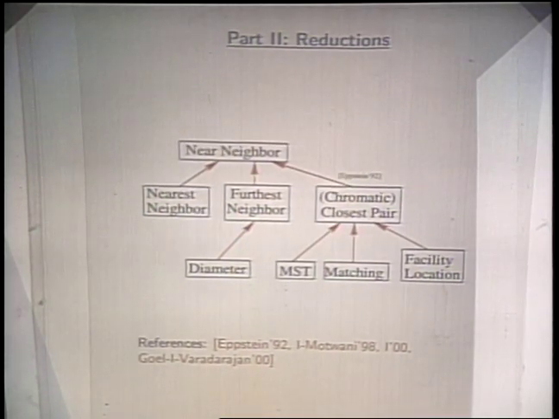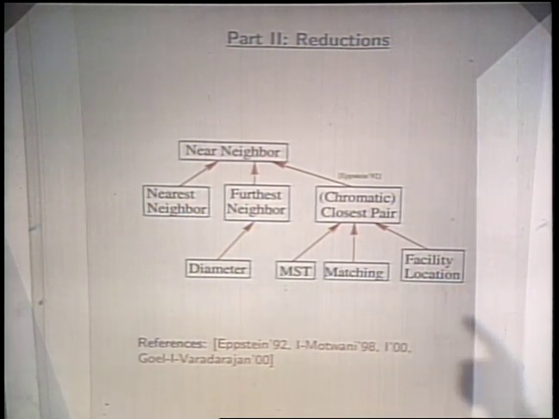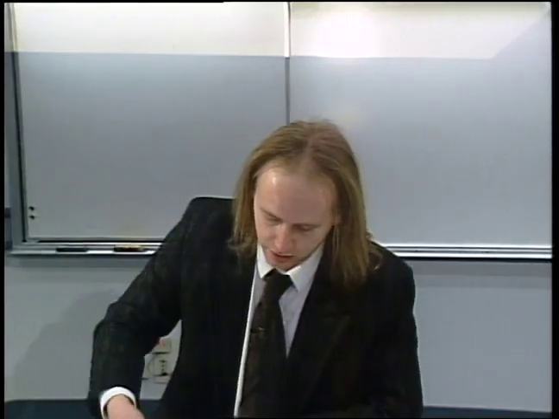And this thing turns out to be very useful because it turns out that we can reduce a lot of other problems like minimum spanning tree, matching, and facility location problem. Okay, so facility location, just to define it quickly, is roughly as follows.